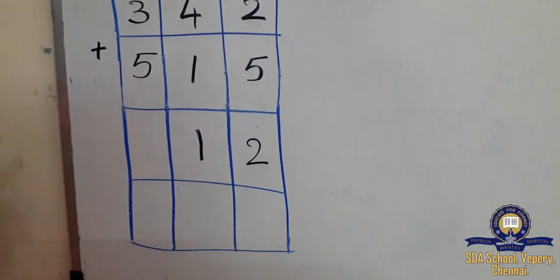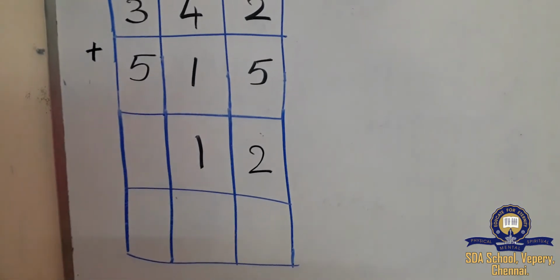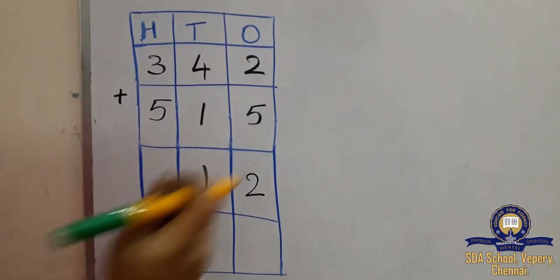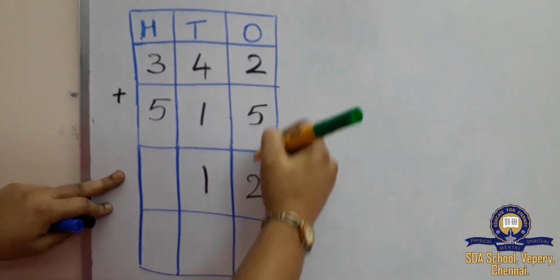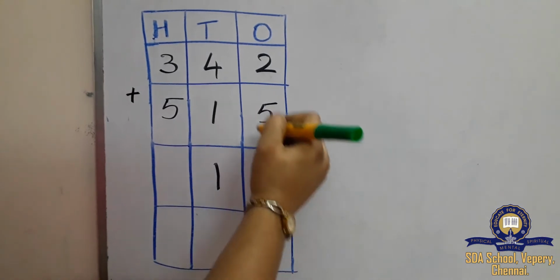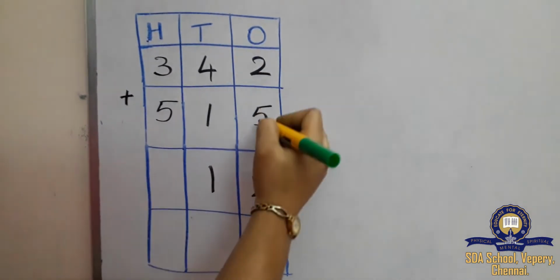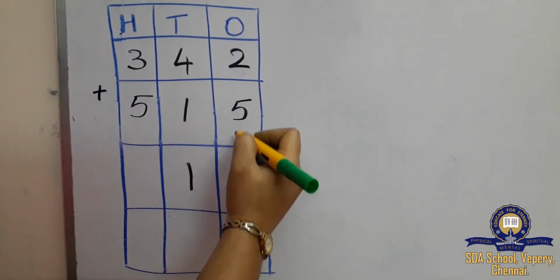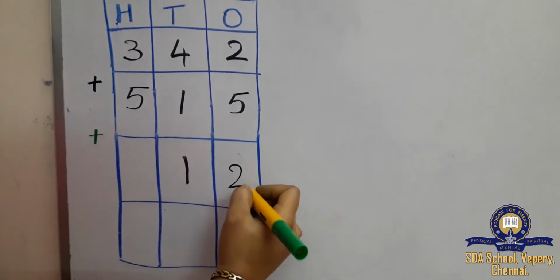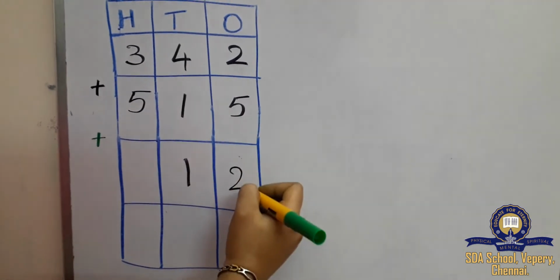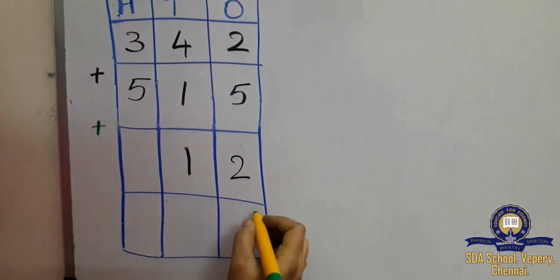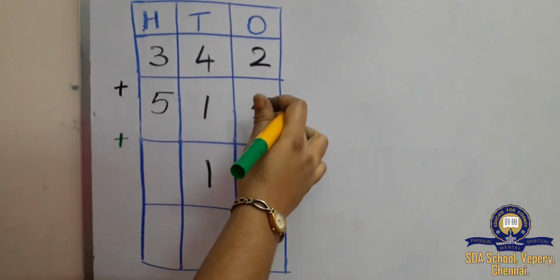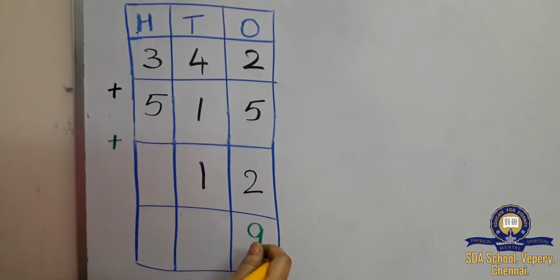Now we have to add the total. In this method, the easiest way is, first we add ones. Here, 2 plus 5 is equal to 7, plus 2, 7 plus 2 is 9.